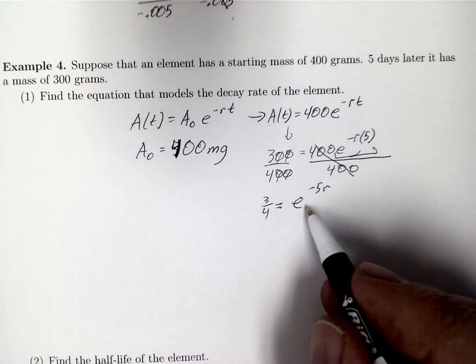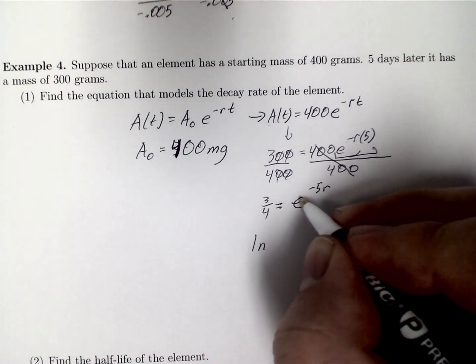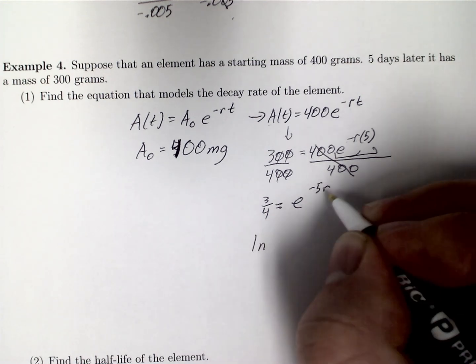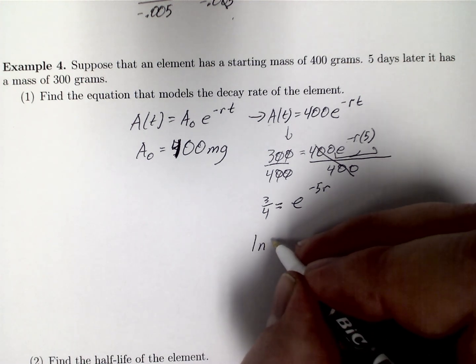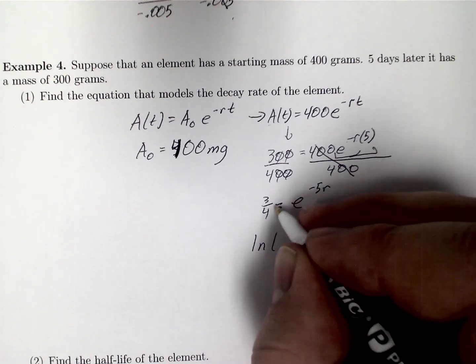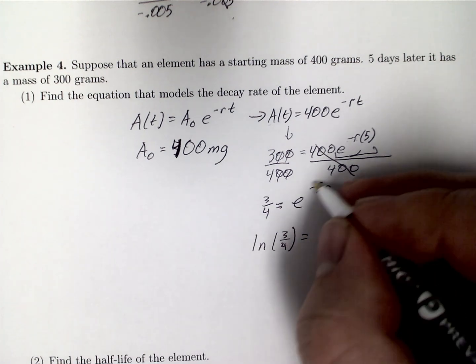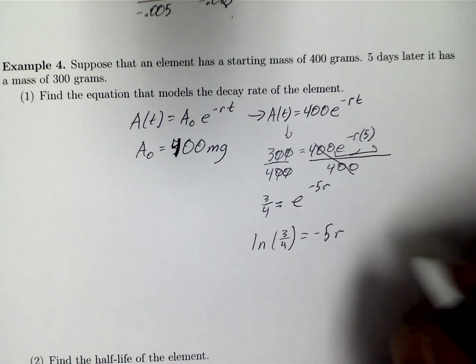We have an exponential with a base of e, so we're going to have an equivalent equation with a logarithm with a base of e. The output of the exponential becomes the input, the input of the exponential becomes the output. And then we continue to solve.